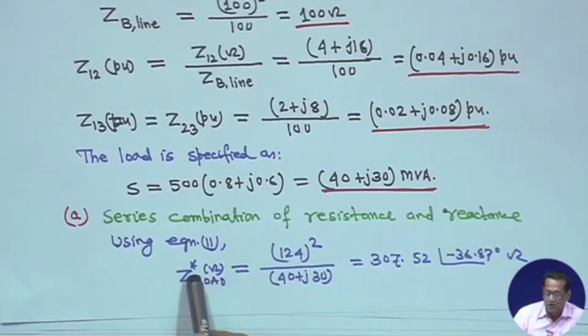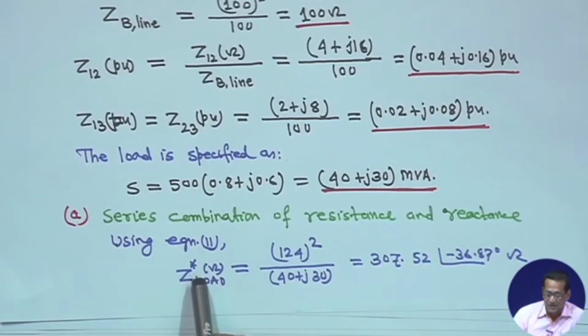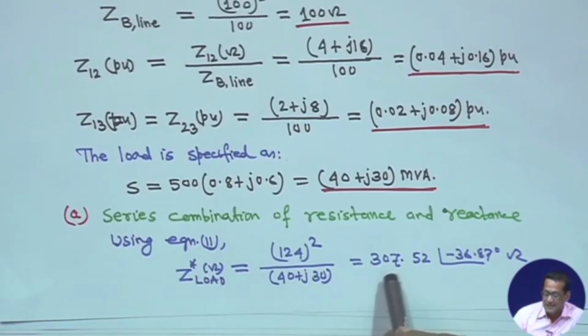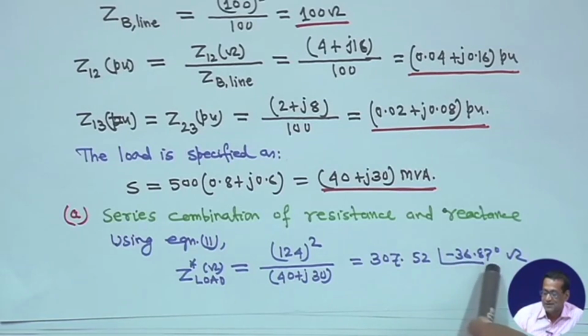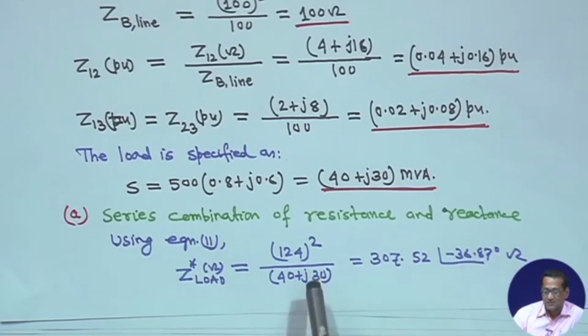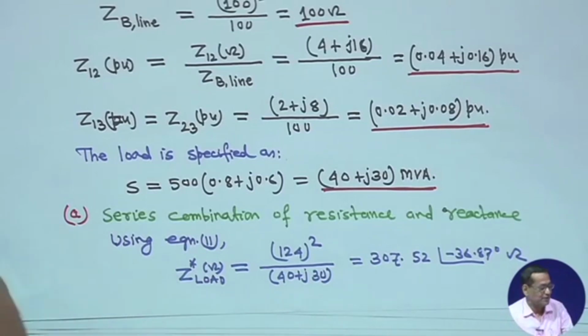Its conjugate, Z conjugate of load, is 307.52 angle minus 36.87 degree ohm, right. So this is your Z conjugate.